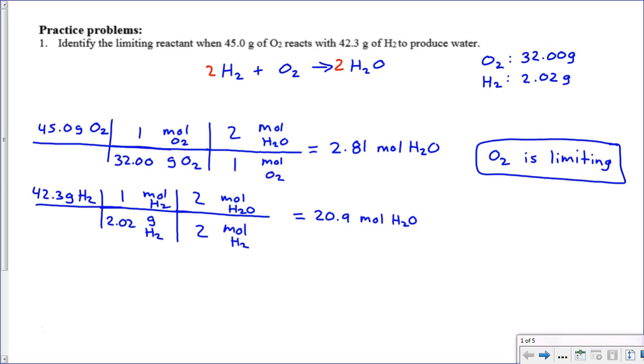It's that whole situation of if you have enough frames to make 5 bikes, but you only have enough tires to make 2 bikes, you're only going to make 2 bikes. All right? You go with the smaller number. We have enough hydrogen to make a whole lot of water, 20.9 moles of water. But we only have enough oxygen to make 2.81 moles of water, so we only make 2.81 moles of water. Oxygen is limiting, hydrogen is excess. That's how this one works.